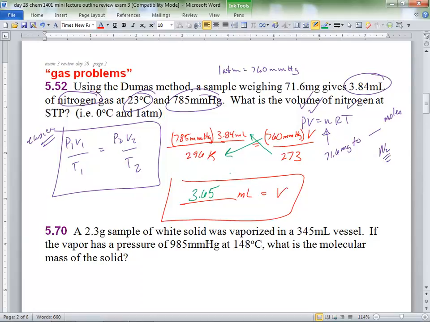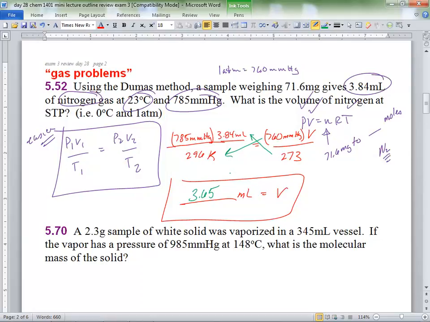If you got it, try the next one. I think it'd be the easiest, because they want the molar mass.